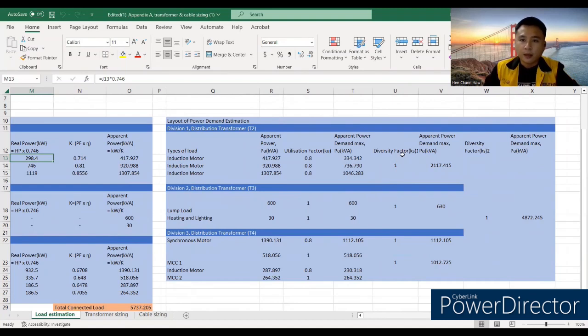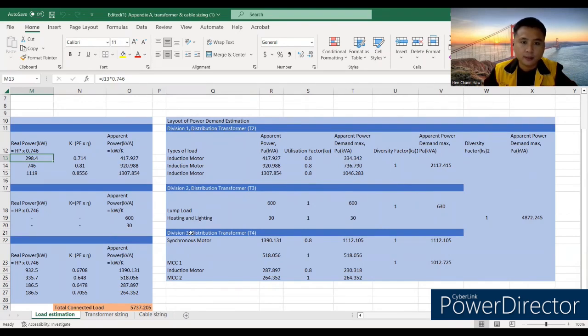How do we get this diversity factor as 1? Since the power of this induction motor is more than 100 kilowatts, it is considered as 1. The same goes for the lamp load, heating and lighting. So of course, the diversity factor is considered as 1.